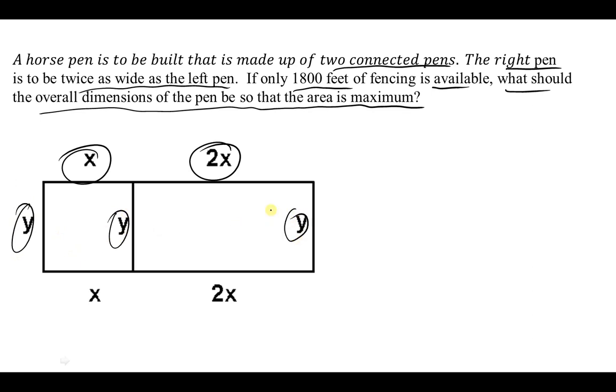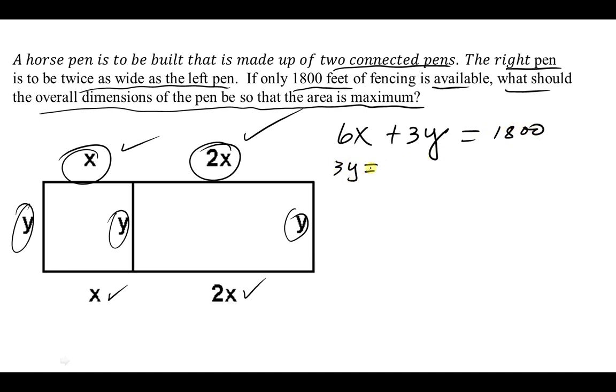The total length of all the fencing is going to be 1x plus 2x plus 1x plus 2x, which is 6x, and then plus 3y would be the 3 vertical sides. 6x plus 3y is going to be equal to 1,800, and we'll have 3y equal to 1,800 minus 6x.